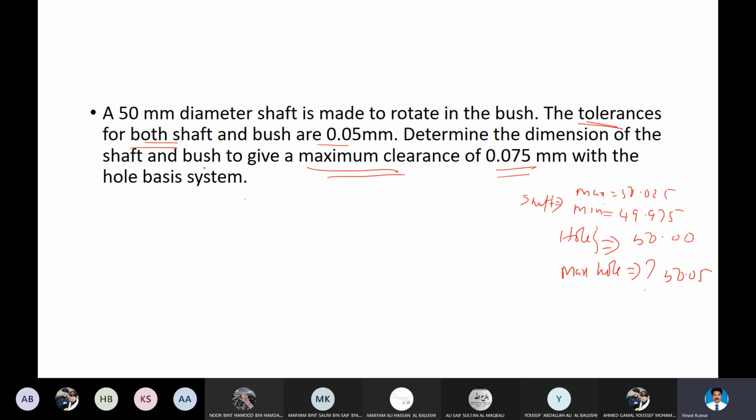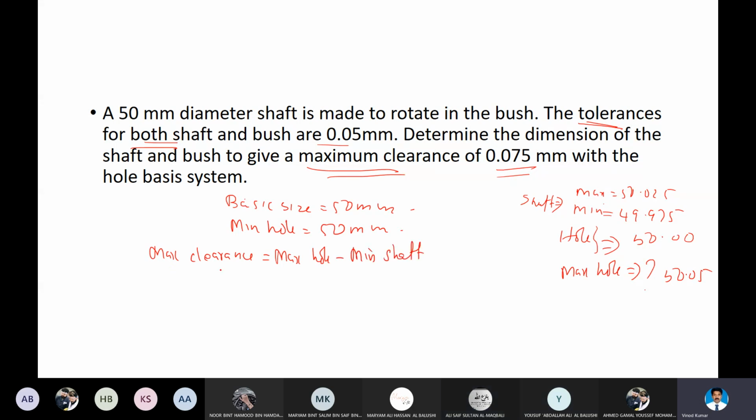So first step, I will write the values. Our basic size is equal to 50 millimeter. The minimum hole is going to be 50, no doubt. So what is maximum clearance? Maximum clearance means maximum hole minus minimum shaft. So here, maximum clearance 0.075 equals maximum hole minus minimum shaft. Why am I taking it like this?